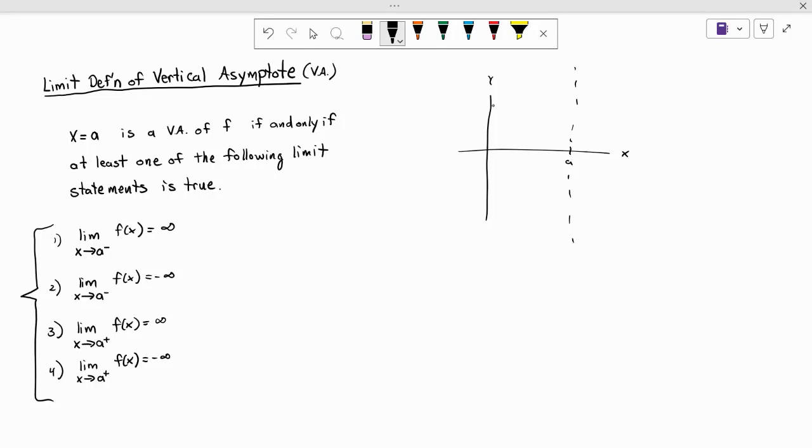That allows for the function going off to infinity from both sides, positive infinity from one side but negative infinity from the other. And it also allows for the possibility that the limit exists from one side, but is infinite on the other side. So as soon as just one of the one-sided limits is an infinite limit, we say we have a vertical asymptote.